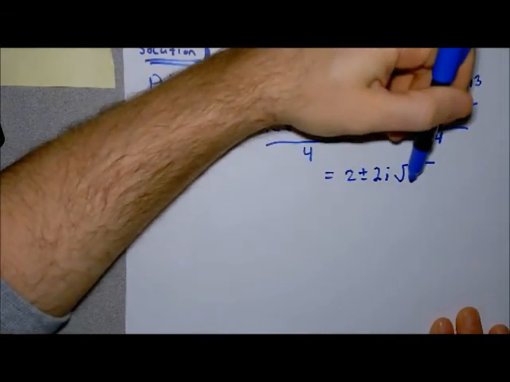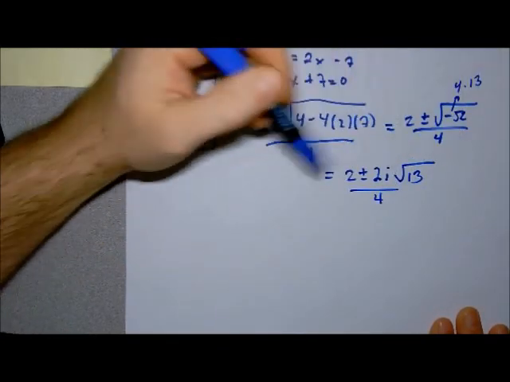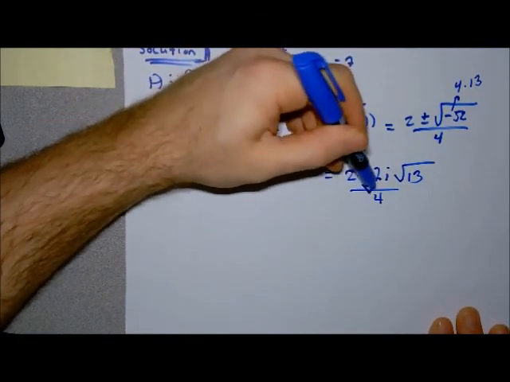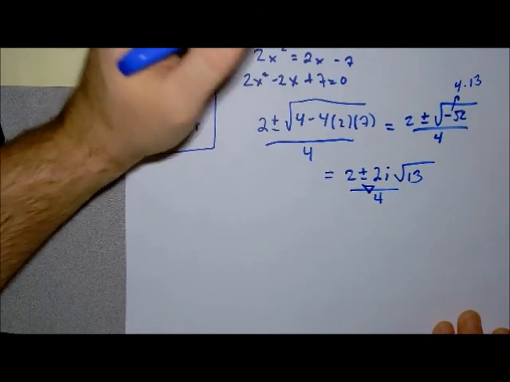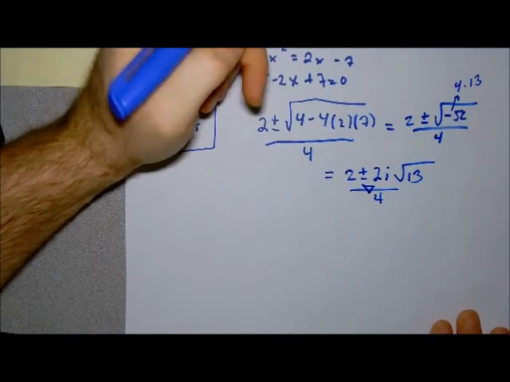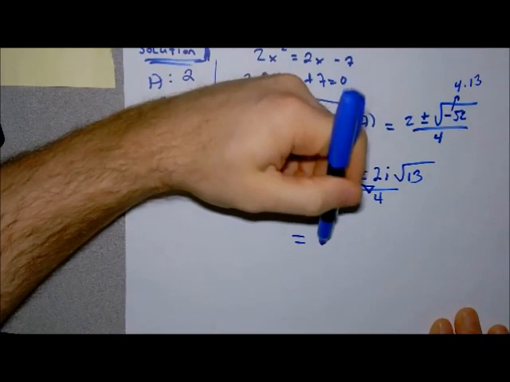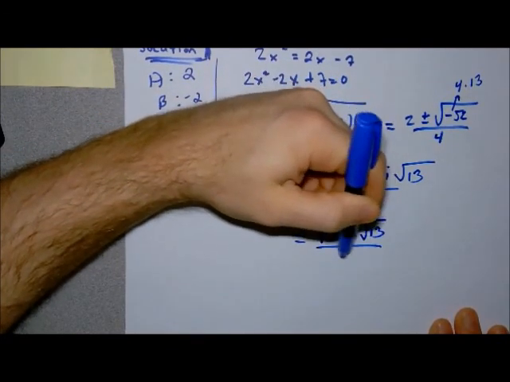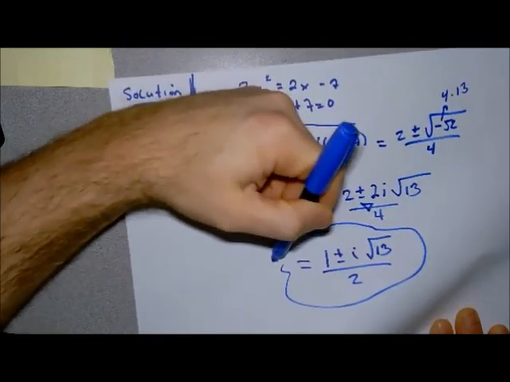So 2i root 13 over 4. Almost done. The 3 numbers on the outside, I call them the triangle. They are all divisible by something, and that something is 2. So your final answer is 1 plus or minus i root 13 over 2.